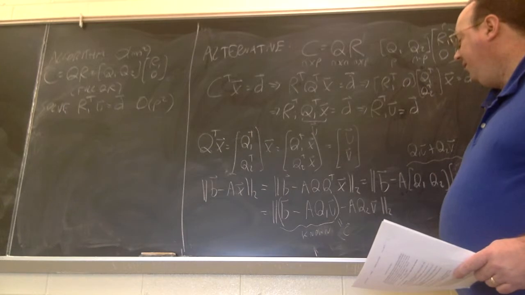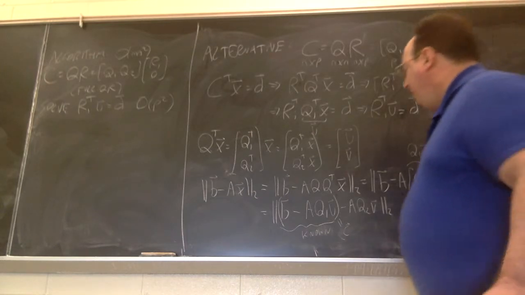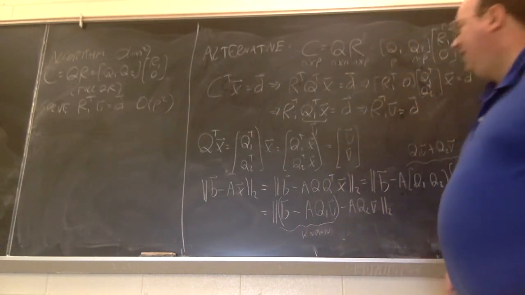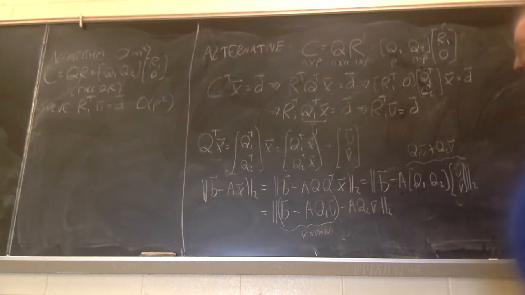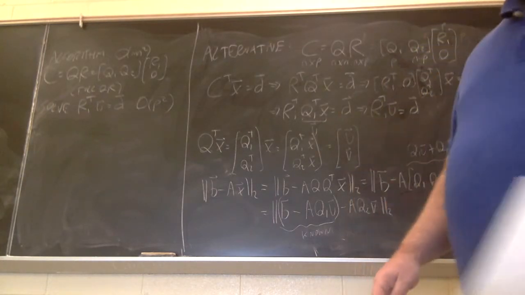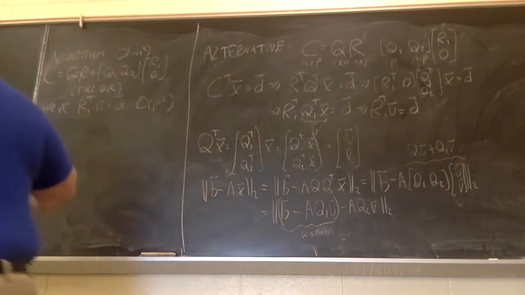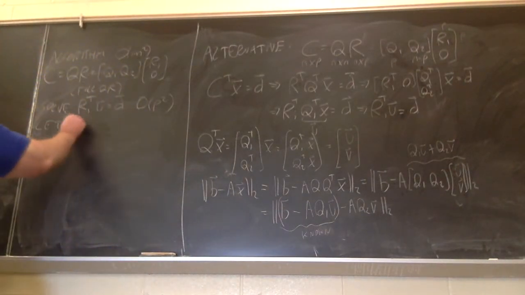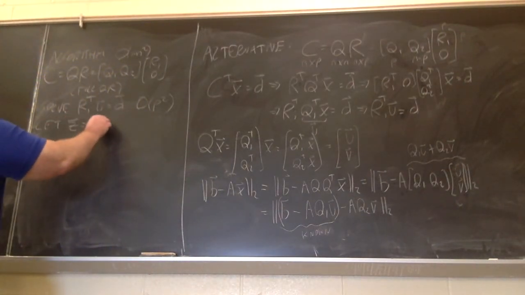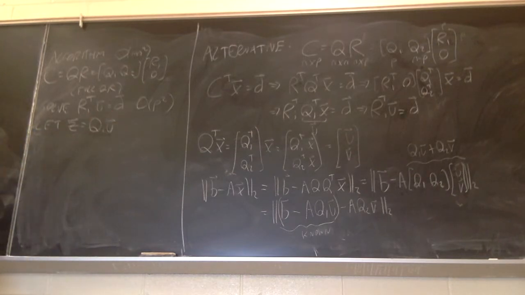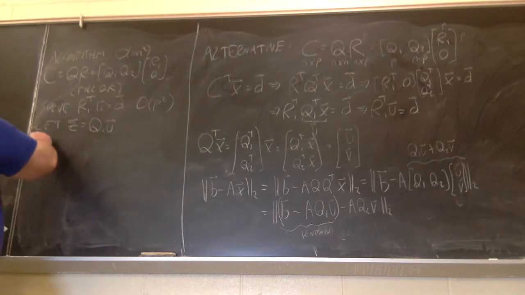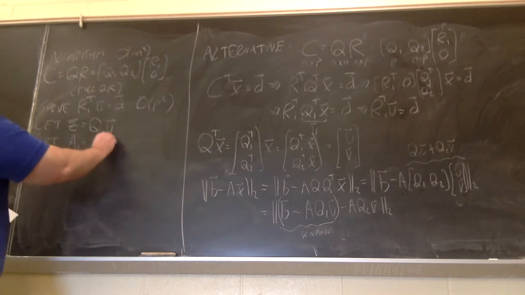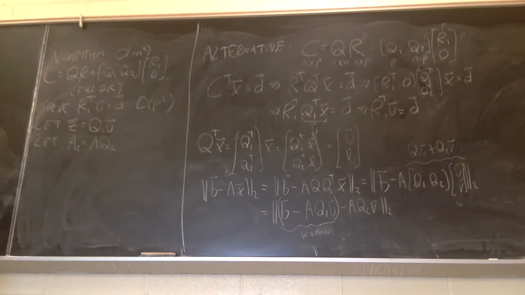Okay. All right. Fine. So I'm going to let Z equal Q1 U. And I will also define A2 to be A times Q2.